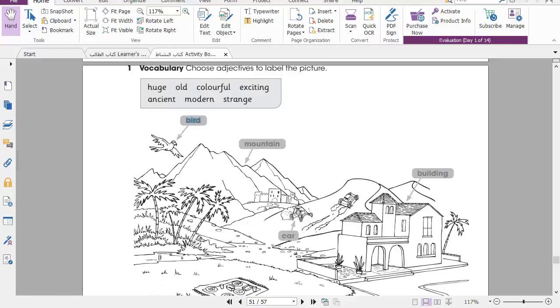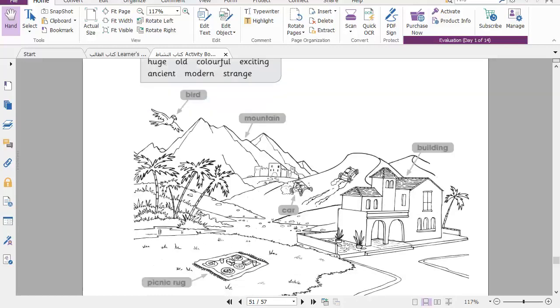It asks you to talk about these pictures using the given adjectives above. You can say, this bird is exciting. So you have to complete the rest of the pictures using the given adjectives.